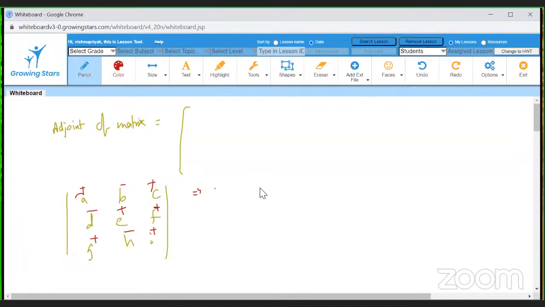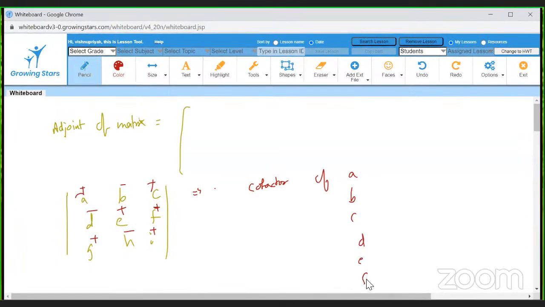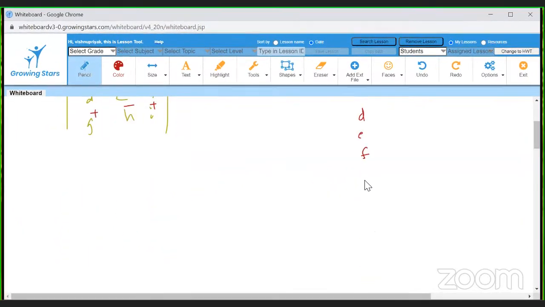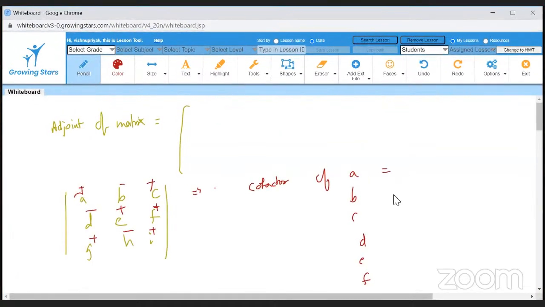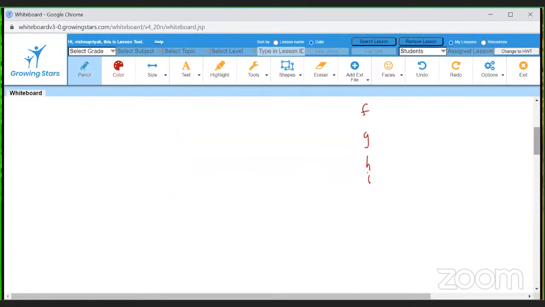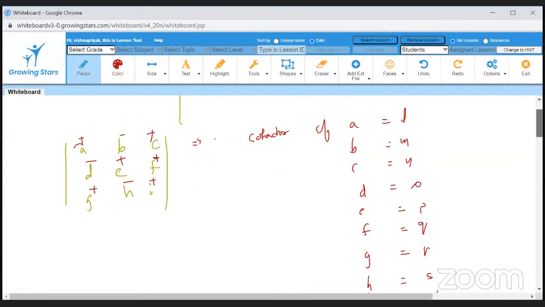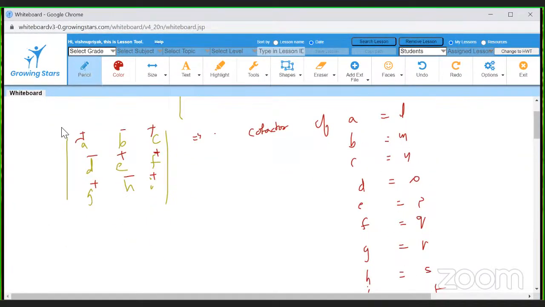Find the cofactor of A, cofactor of B, C, D, E, F, G, H, I, all. Suppose you get L, M, N, O, P, Q, R, S, T.